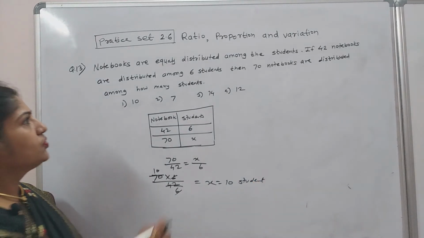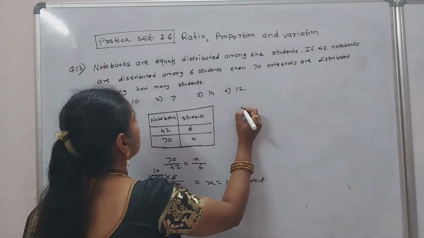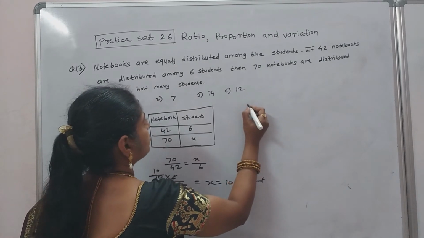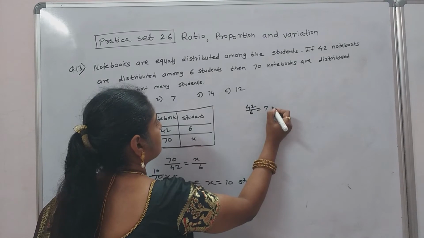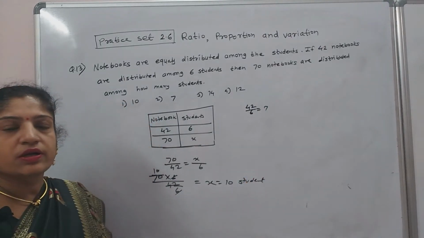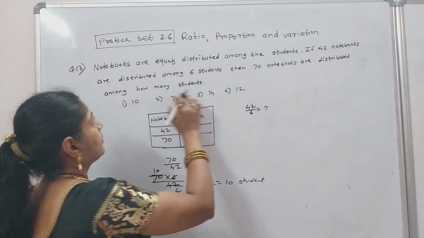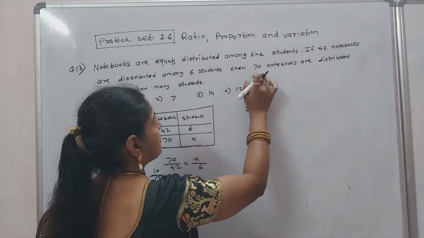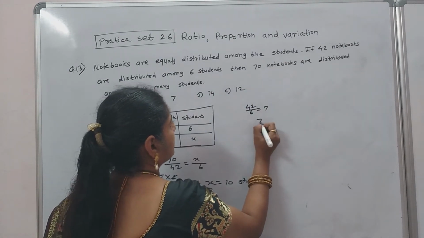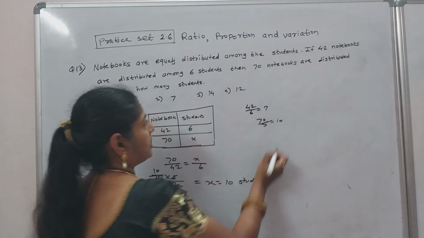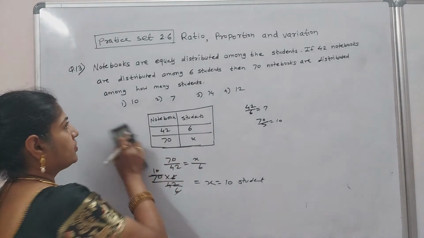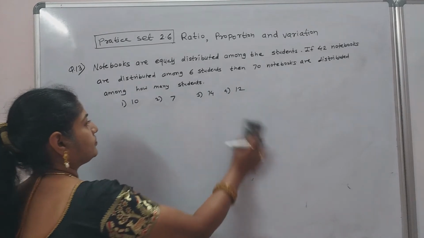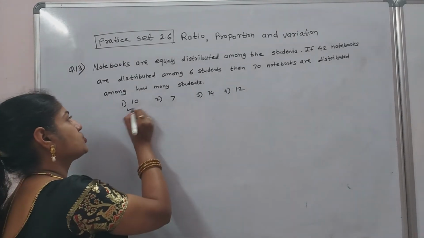Or you can divide: 42 notebooks are distributed among 6 students, so one student gets 42 divided by 6, 7 notebooks. So 70 notebooks is 70 divided by 7, that is 10. 10 students get 70 notebooks. Answer is option number 1.